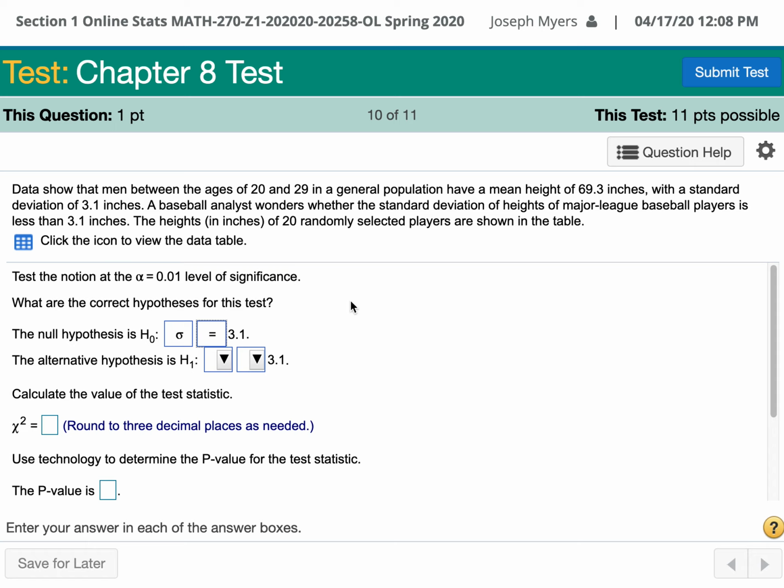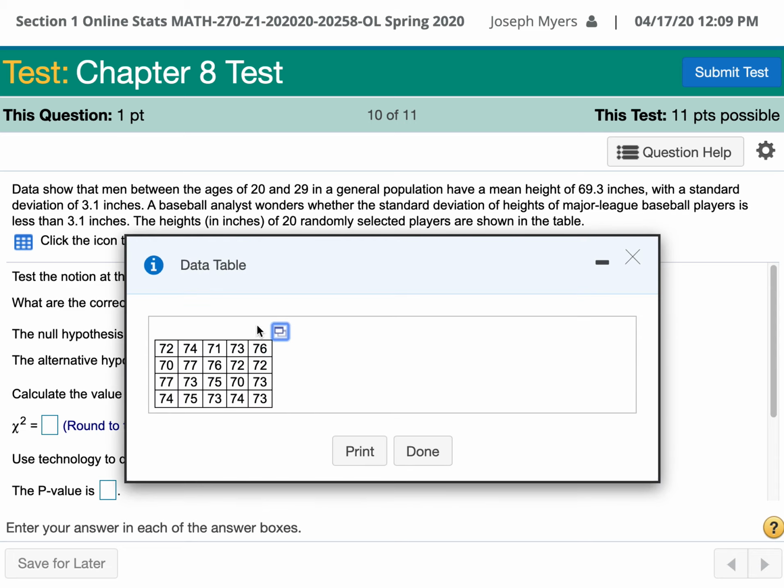The alternative hypothesis is that, let's see, a baseball analyst wonders whether the standard deviation of the Major League Baseball players is less than 3.1. So they want to know if the standard deviation might be less than 3.1. Okay, so we are going to open this data table in StatCrunch. So open it in StatCrunch.